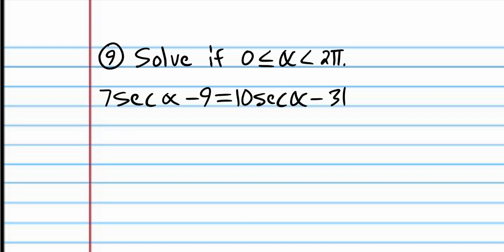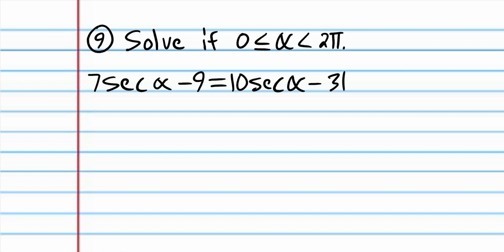So instead of changing our calculator mode, we're just going to find the answer in degrees and then use our conversion factors to convert to radian units at the very end. So let's subtract 7 secant alpha from both sides.